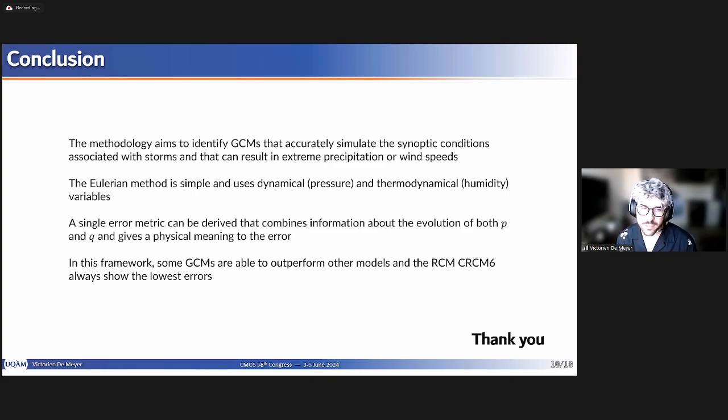We derived a single error metric that combines information about the evolution of the pressure and the humidity, with a physical meaning to the error. And we show that in this framework, some GCMs are able to outperform other models, and also that the CRCM6 model almost always shows the lowest error, potentially thanks to the highest resolution of that RCM. Thank you very much.